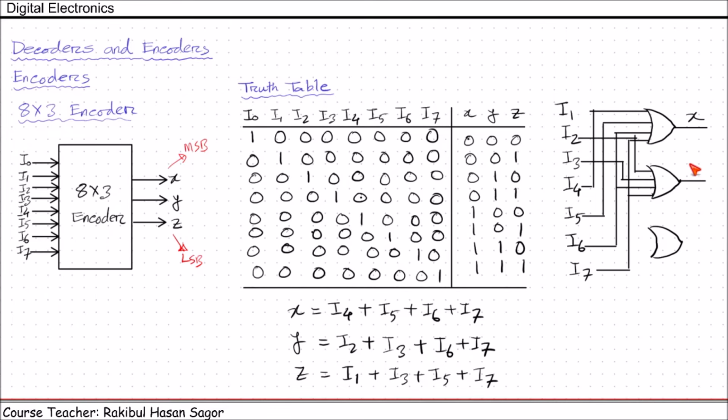This will give us Y. Next, Z: I1, and I3, I5, I7. This will give us Z. So this is the logic diagram of the 8 into 3-bit encoder.